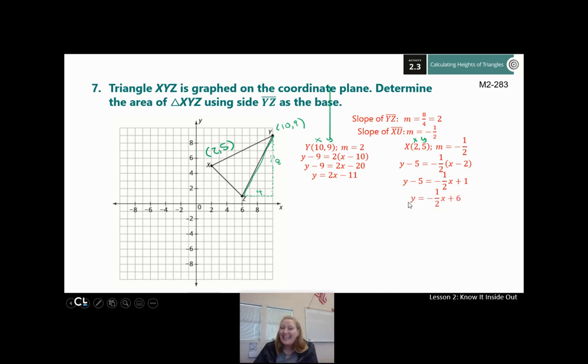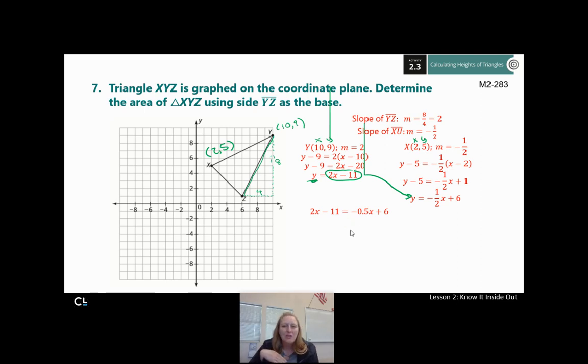And once again, I know that if I see y equals, that means everywhere I see a y, I can substitute it with 2x minus 11. So that's what I'm going to do. So instead of y equals -1/2 x plus 6, it's going to be 2x minus 11 equals -1/2 x plus 6. And to make this easier, I rewrote my -1/2 as a decimal, -0.5.